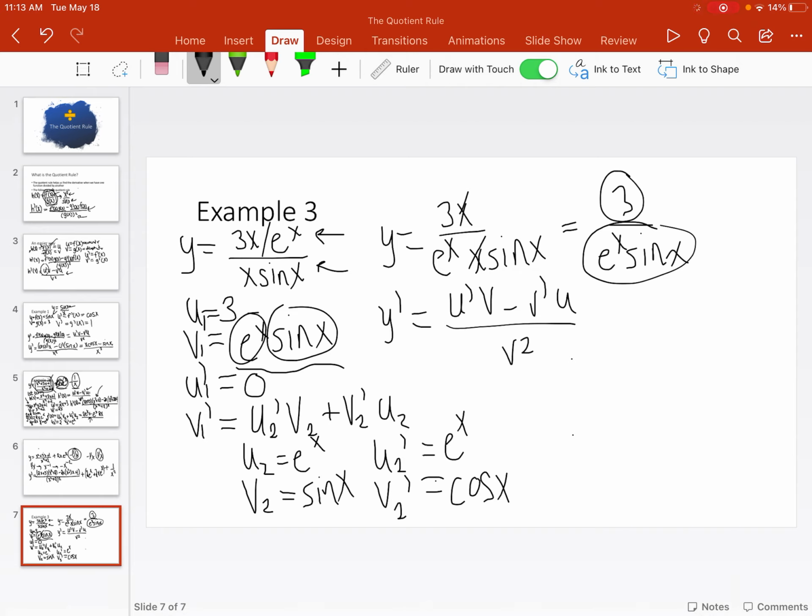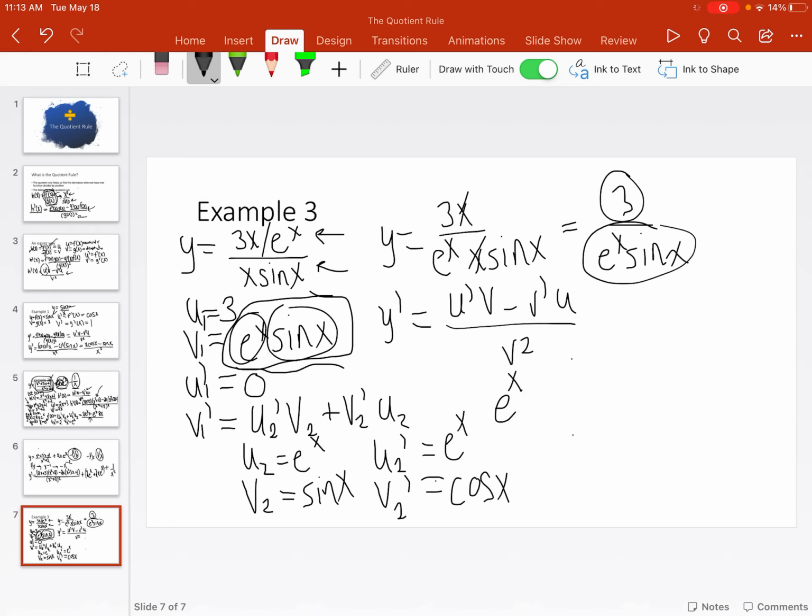So let's just put it all together. What's v1 prime now? To find v1 prime, we have to use the product rule and take the derivative of this, because this is a product of two functions. Therefore, to find v1 prime, we must use the product rule, which we have done right now, and now we just have to put everything together. So what's u2 prime?